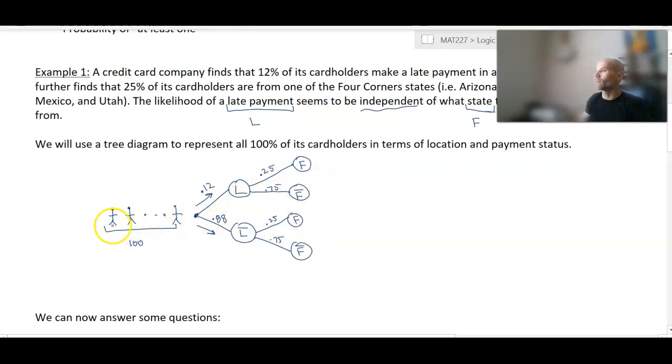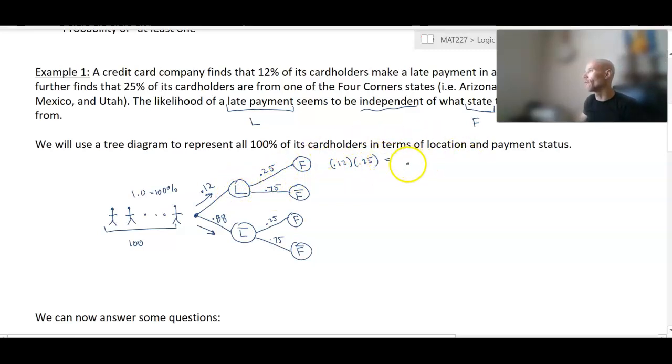And everybody who starts off here, the 100 people, or the whole, the 100%, that's why we're really focusing on 100 people, because it's out of 100%, everybody ends up somewhere. So 12% of 25%, this is now a joint probability. 25% of 12% of people make late payments and they're from the Four Corner state.